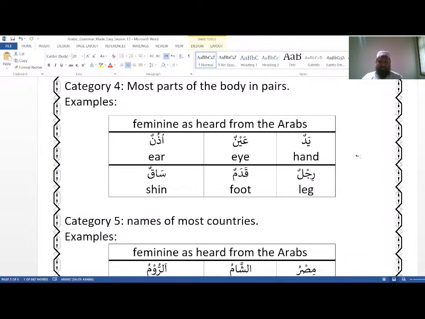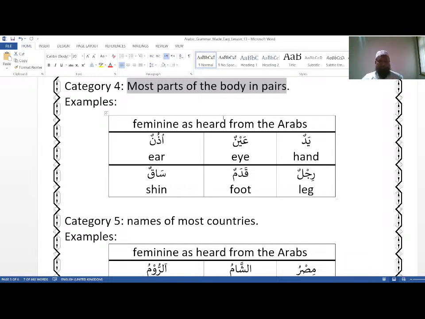I was just thinking now, someone did say, yes, when asked for shoulders, katifun, because most parts, not all parts, are in pairs. I'm a bit confused about katifun, because one of the students says masculine.